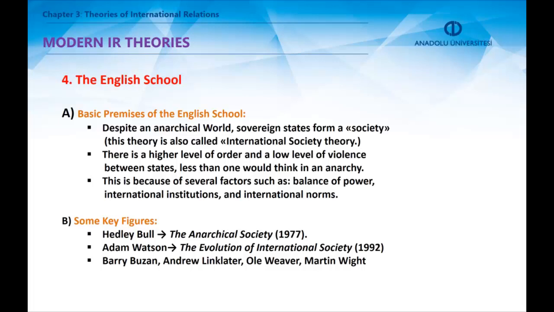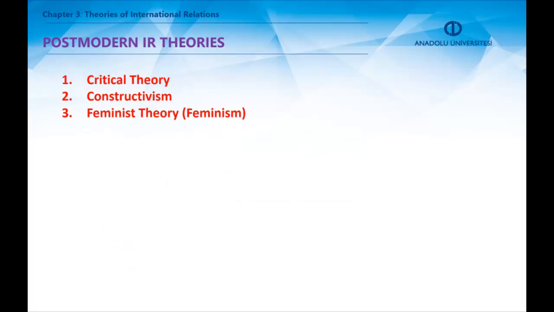Some of the key figures in the study of the English school are Hedley Bull, who wrote The Anarchical Society in 1977, Adam Watson, who wrote The Evolution of International Society in 1992, and Barry Buzan, Andrew Linklater, Ole Waever, and Martin Wight are other key figures of this approach.